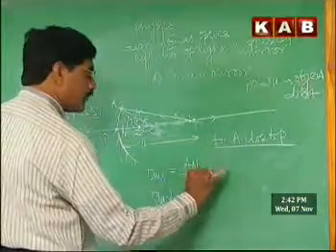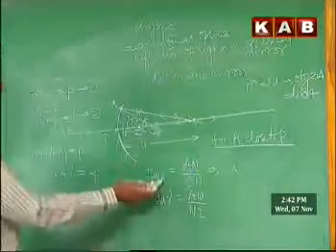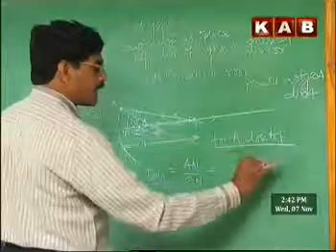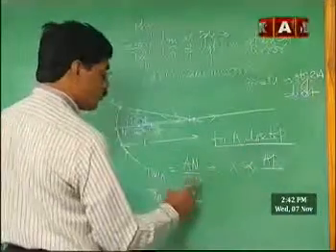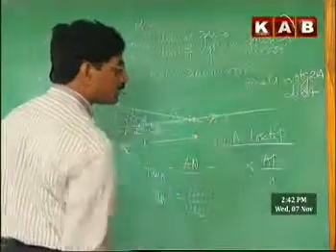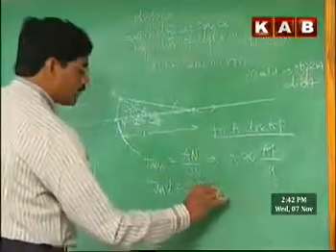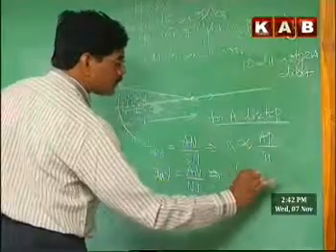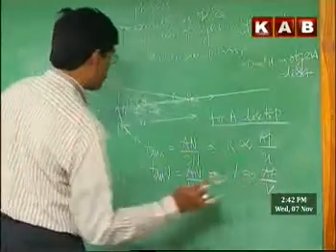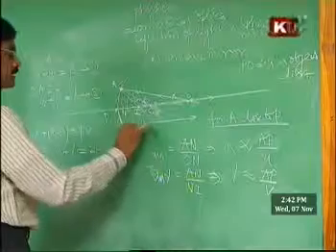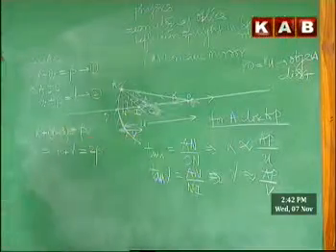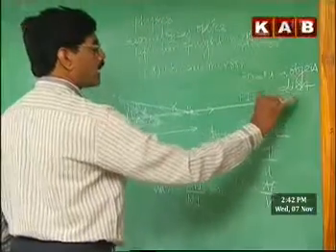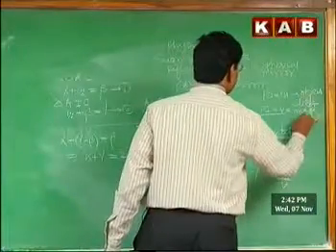Therefore, alpha is going to be small, so tan alpha can be approximated as alpha, AN can be written as AP, and OP is approximately the object distance u. Similarly, gamma is approximately AP by v, where v is the image distance, that is PI is equal to v, the image distance.